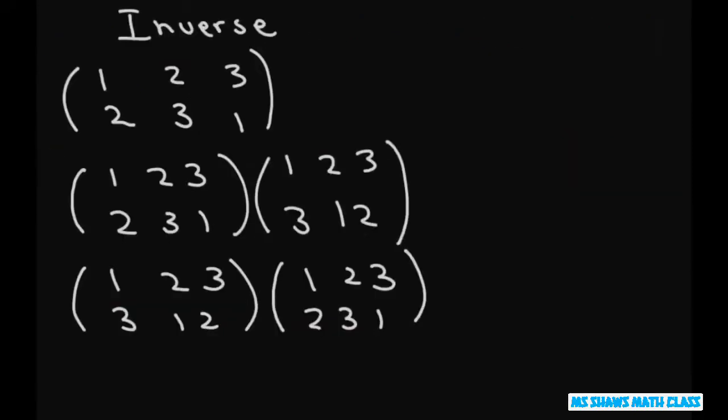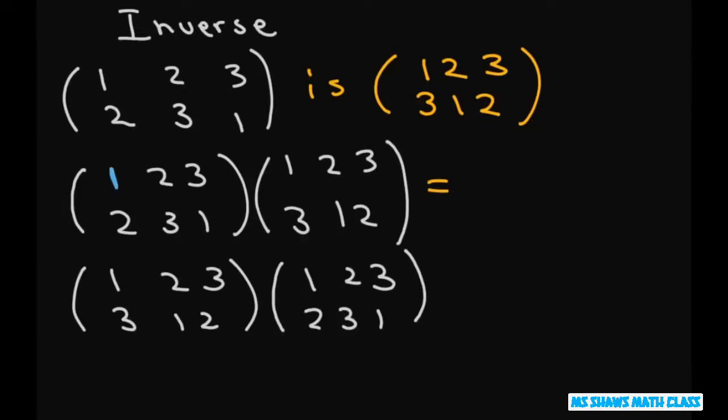All right, and the inverse of 1, 2, 3 and 2, 3, 1 is 1, 2, 3, 3, 1, 2. And that's because if you map this, and let's try to do this without writing it down.